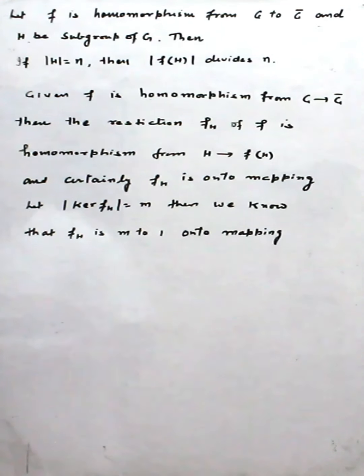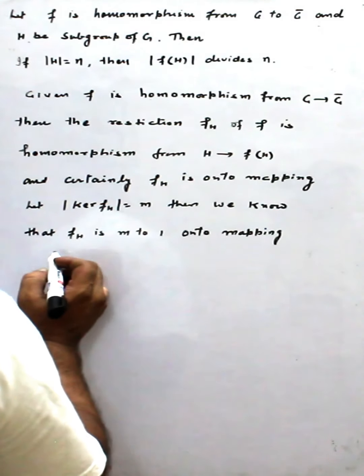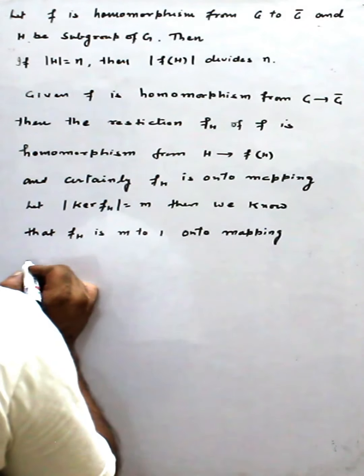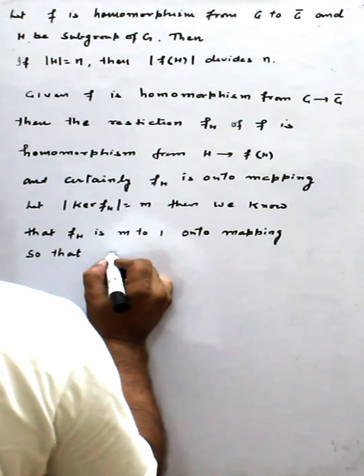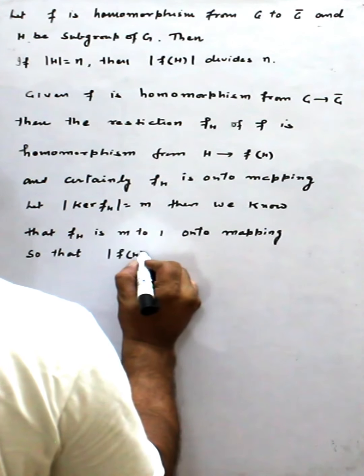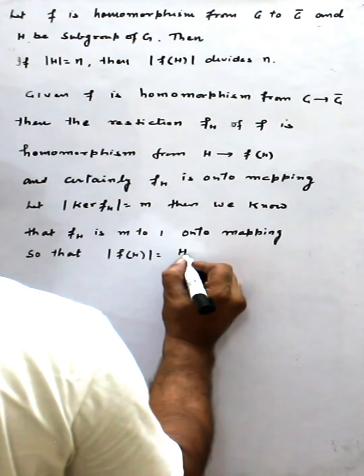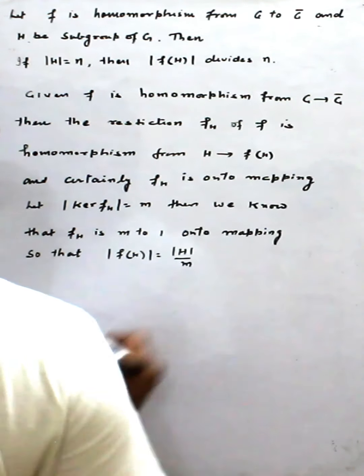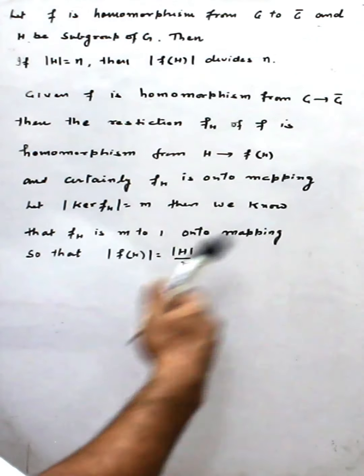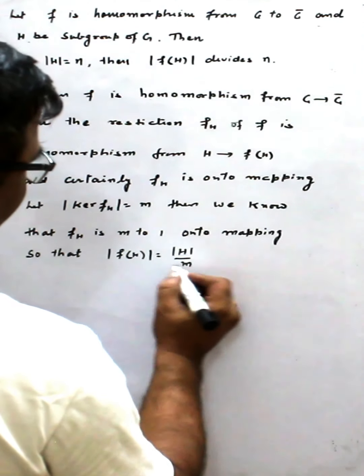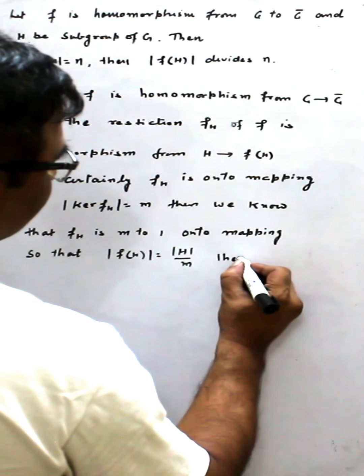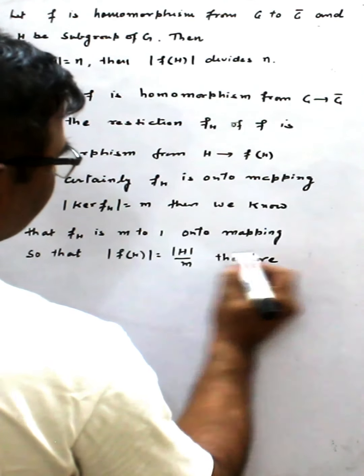Now, because we know the number of elements here, we can find the index. So the order of F(H) is equal to the order of H divided by M, because these M elements map onto the identity element.